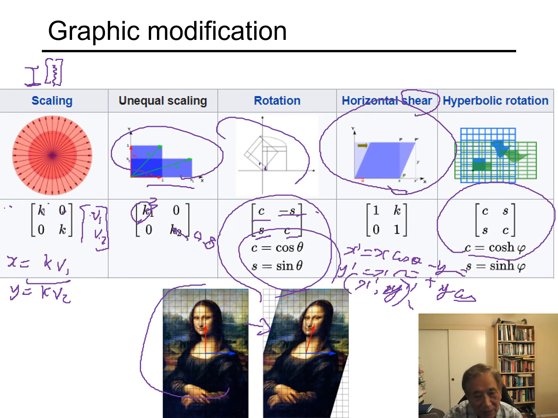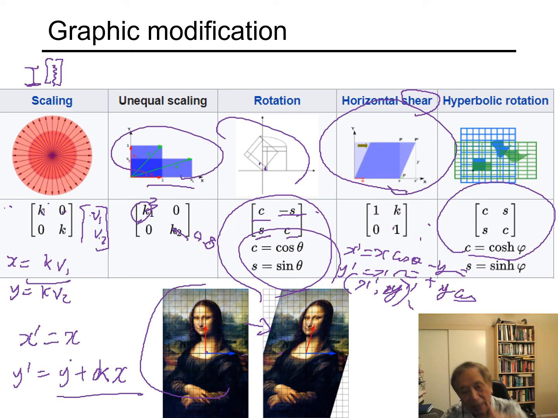Shear means that x prime is the same as x, but y prime is y plus kx. K times x and y. So what that does is that as x increases, y increases more.